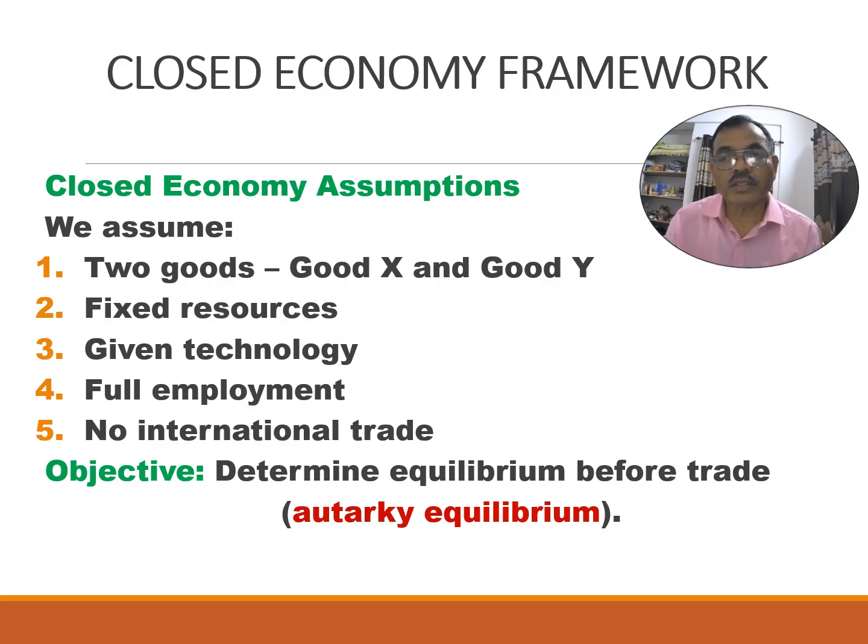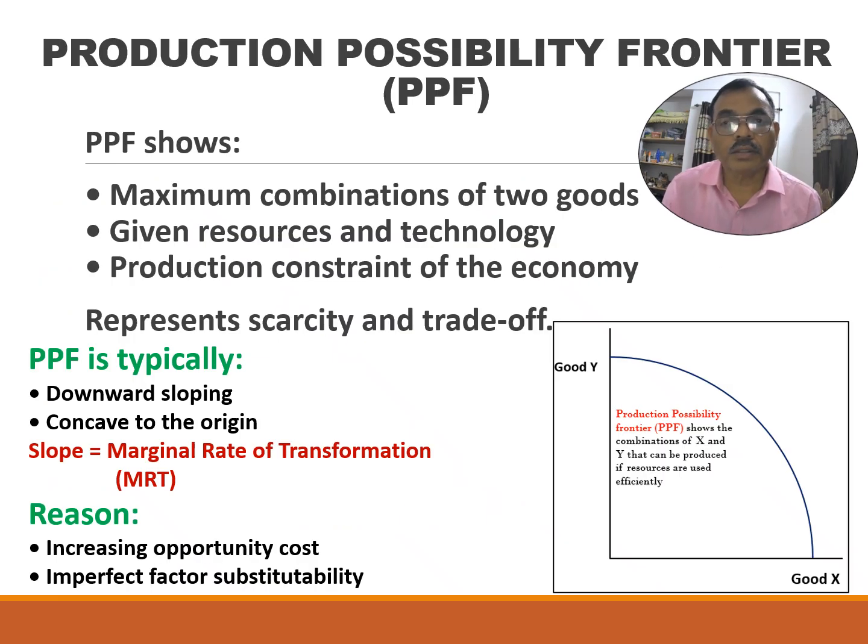Let us first examine the production side of the economy. The production possibility frontier or PPF shows the maximum possible combinations of two goods that an economy can produce using its available resources and technology.